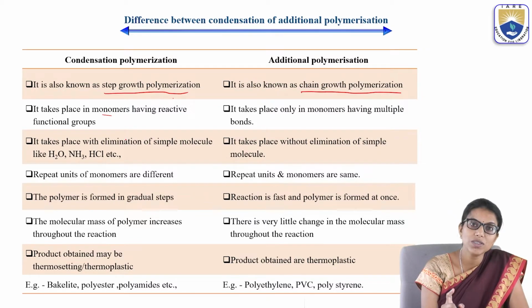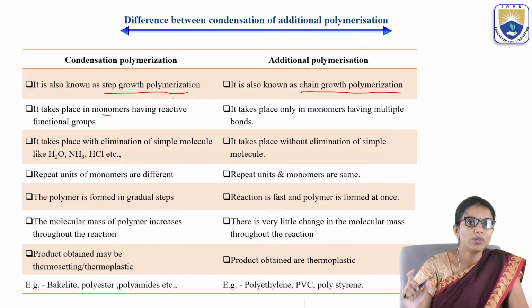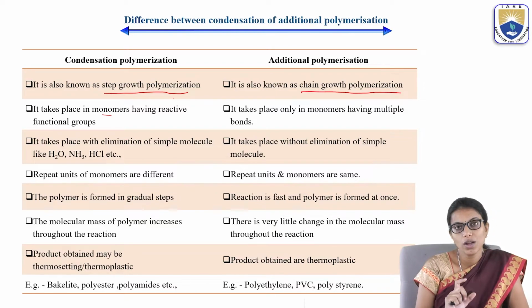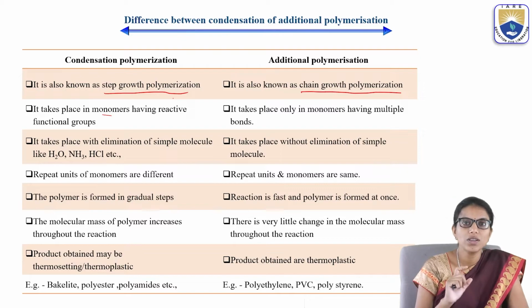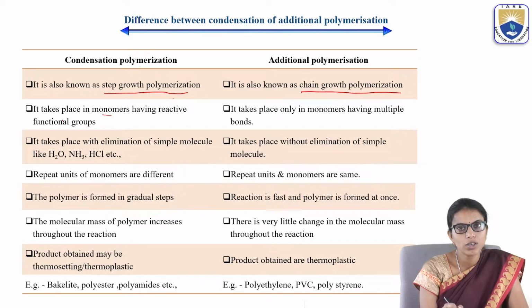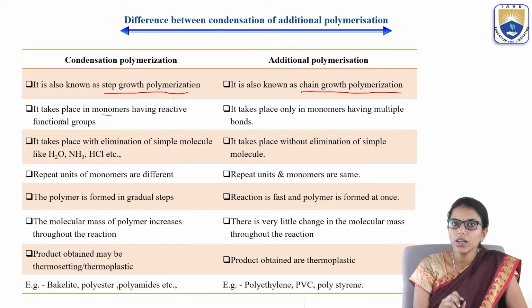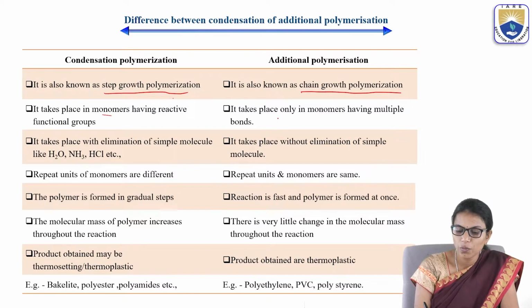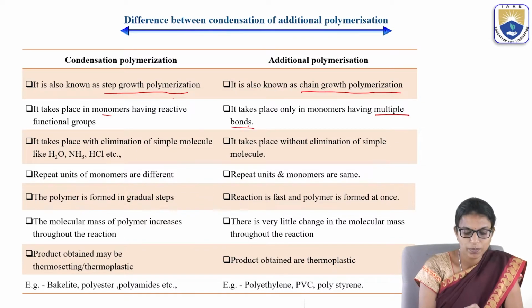Here the functional group is mandatory. If there is no functional group, there will not be any loss of molecule. Because a loss of molecule occurs, a reactive functional group should be there in condensation polymerization, while the addition polymer should contain multiple bonds only.